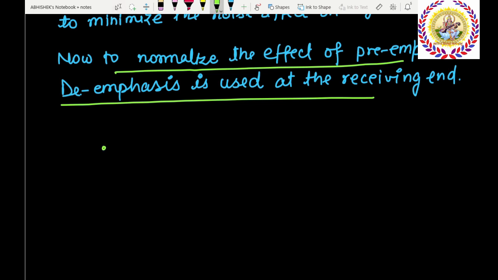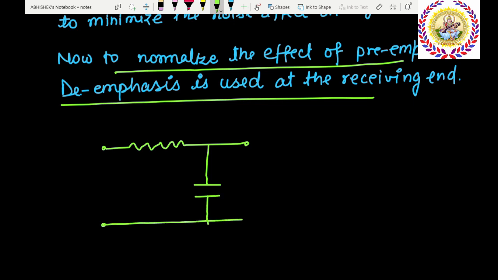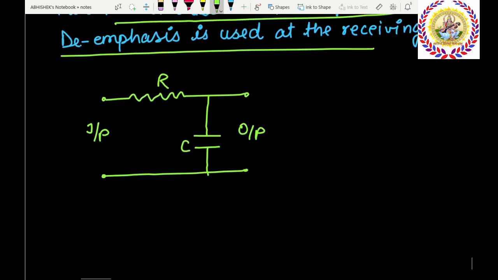This is our circuit of deemphasis. As the differentiator effect can be compensated with the help of an integrator, this is very simple. Deemphasis is a simple integrator, which is a low pass filter.